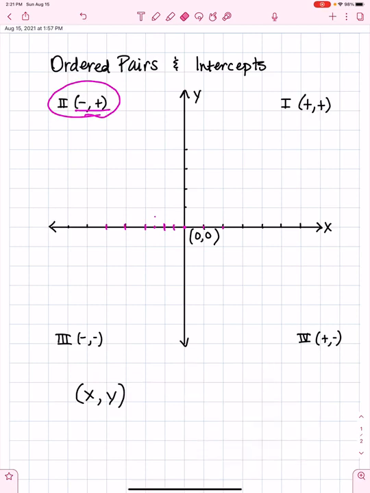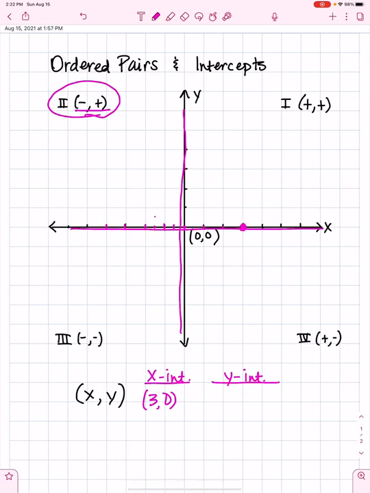All right, so intercepts. What's an intercept? Well, you've got two different kinds of intercepts. You've got the x-intercept and you've got the y-intercept. These are really easy. X-intercepts occur on the x-axis. Y-intercepts, you guessed it, occur on the y-axis. So let's say I have an x-intercept of +3, 0.